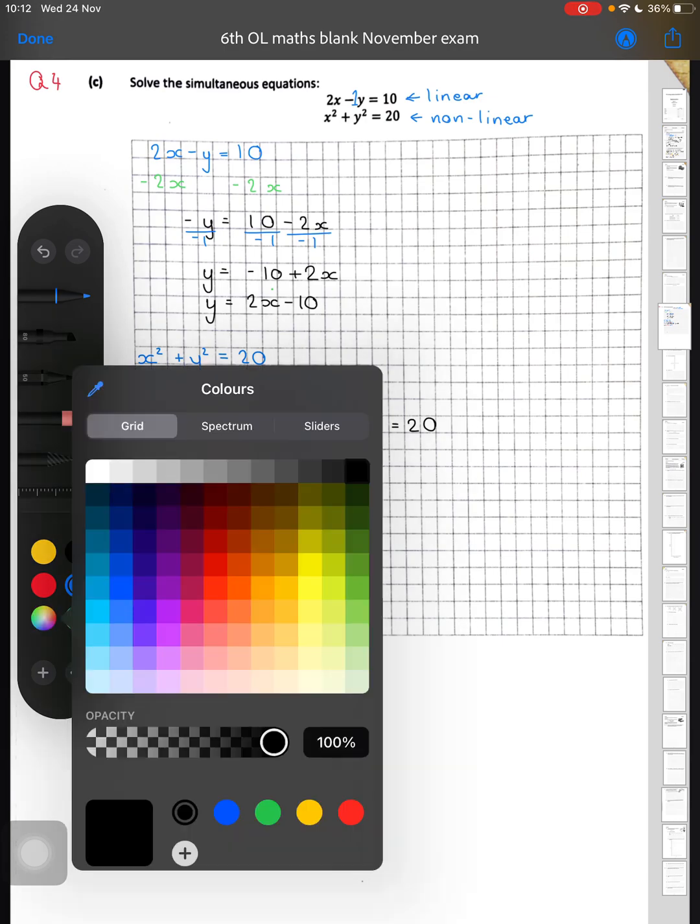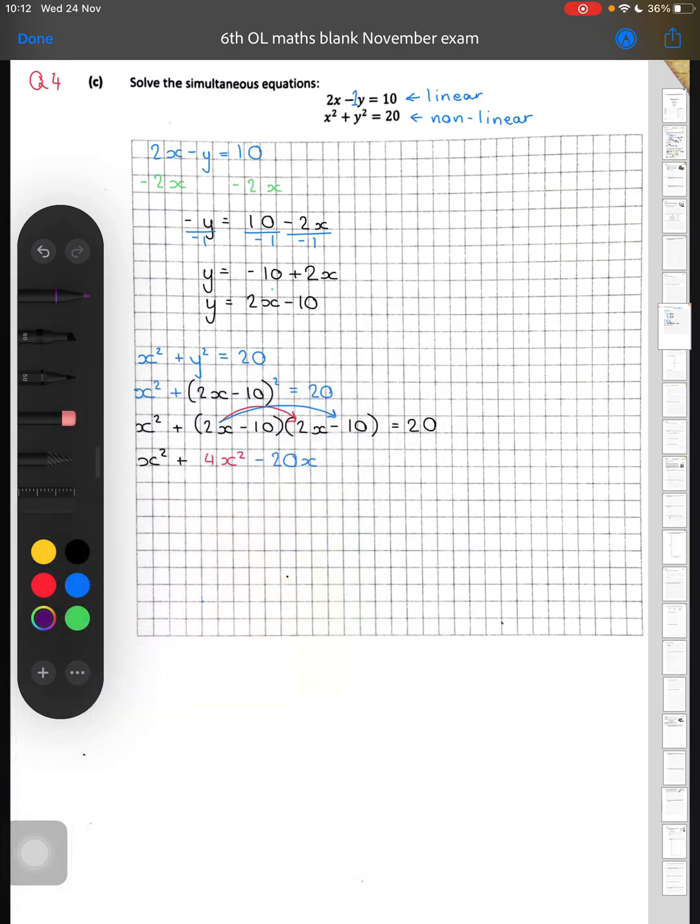Then minus 10 by 2x gives me minus 20x. And minus 10 by minus 10 is plus 100. Then I had the equals 20, so I'm just going to carry that down, equals 20.